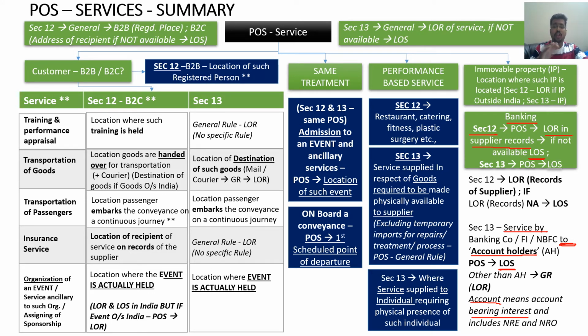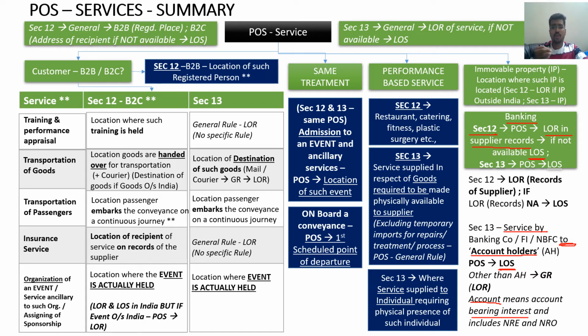If that account does not pay any interest, then he is not an account holder for the purpose of this section. So now here, let's say that NRA wants to open an NRE account in the Chennai SBI branch. There will be some processing fees or account opening fees the bank is going to charge him. Now for this purpose, what will be the place of supply, my friends?